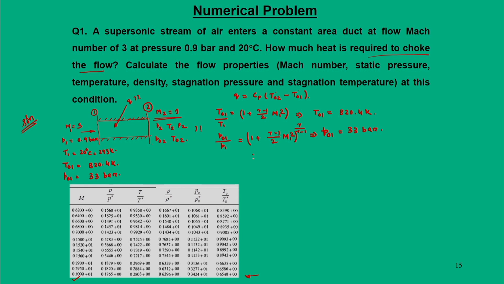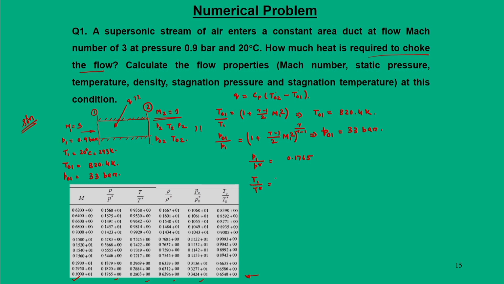So, for that I can say P1 by P star as 0.1765.